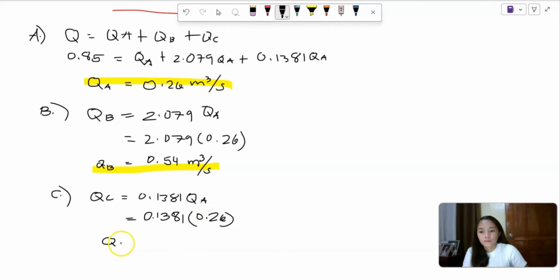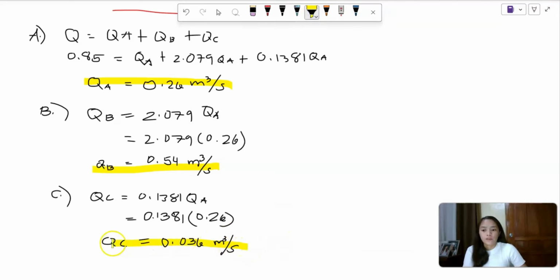So Q sub C is equals to 0.036 cubic meter per second. So we already got the rate of flow of pipeline A, B, and C.